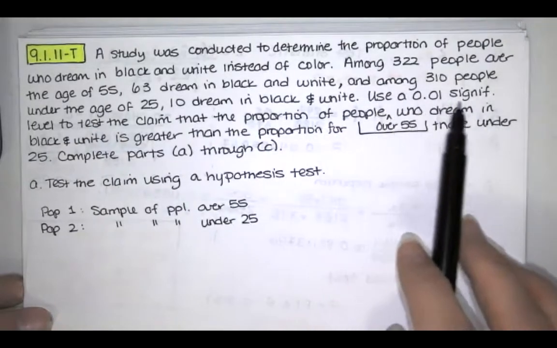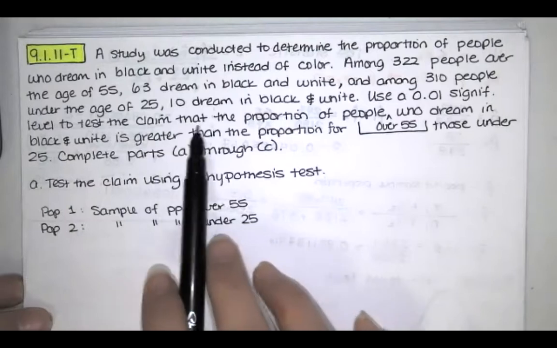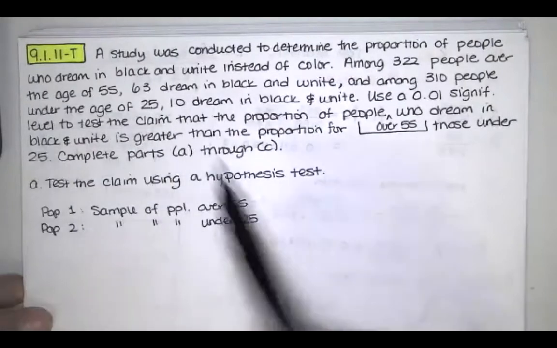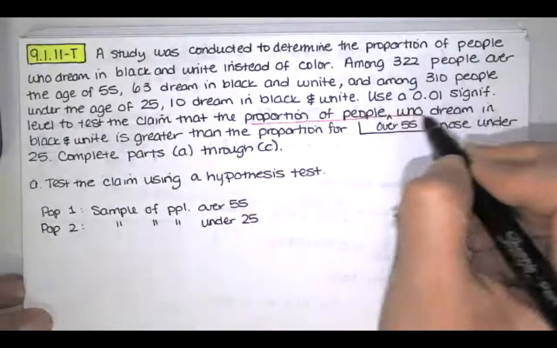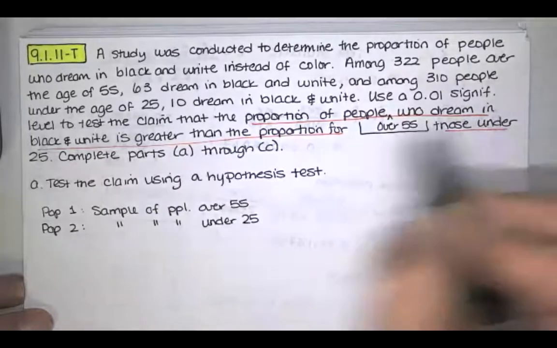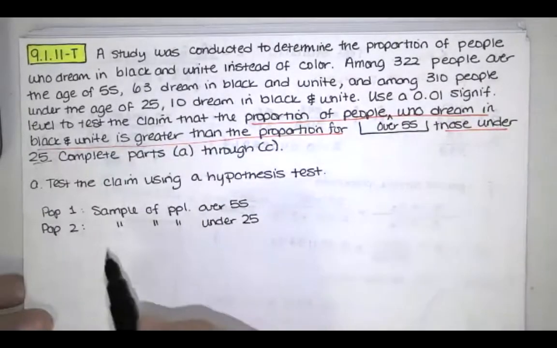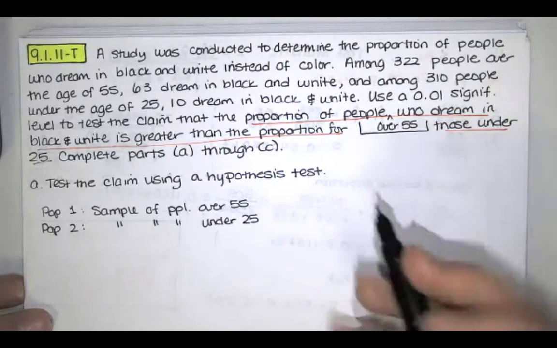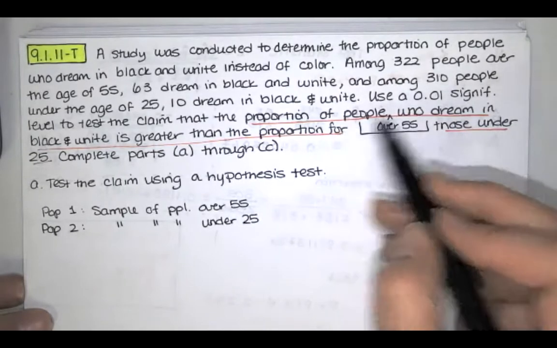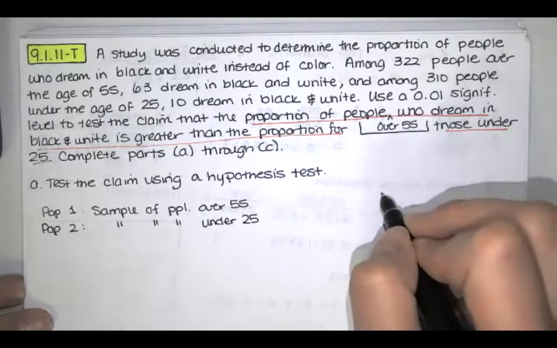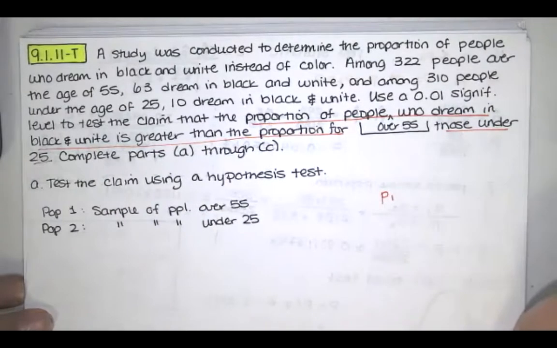It says use a 0.01 significance level to test the claim that the proportion of people over 55 who dream in black and white is greater than the proportion for those under 25. So if population 1 is the sample of people over 55, the proportion of people who dream in black and white for sample 1 would be denoted by p sub 1.